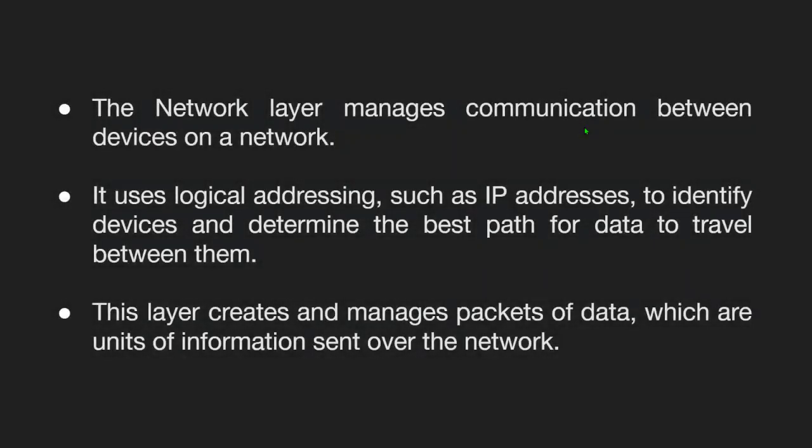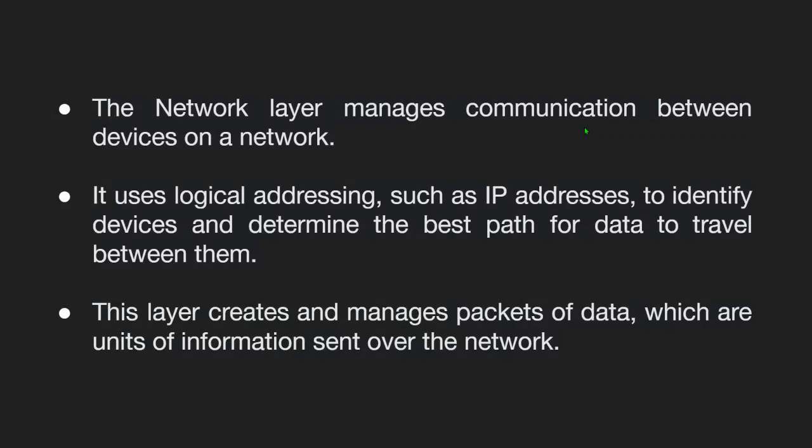The next layer is the network layer. The network layer manages communication between the devices on a network. It uses logical addressing such as IP addresses to identify devices and determine the best path for data to travel between them. This layer creates and manages the packets of data, which are units of information over the network.